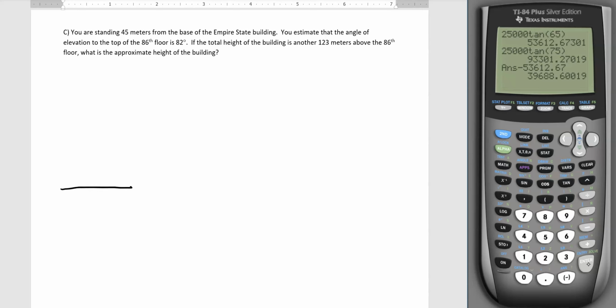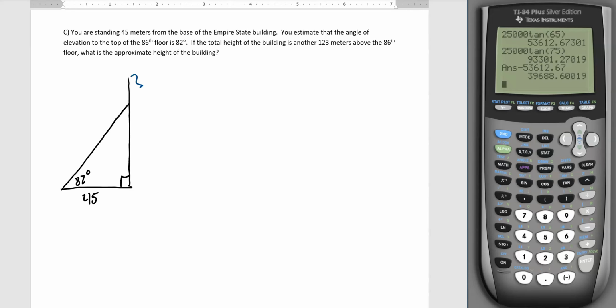So we are standing at the edge. We're standing 45 meters away. We estimate an angle of elevation of 82 degrees. And there's an additional 123 meters above.